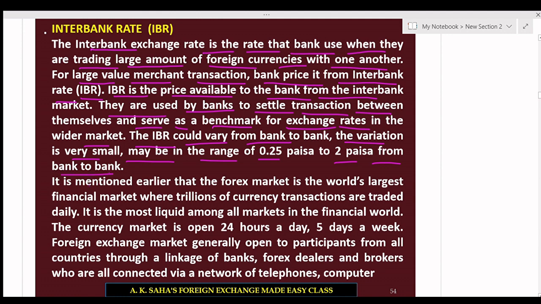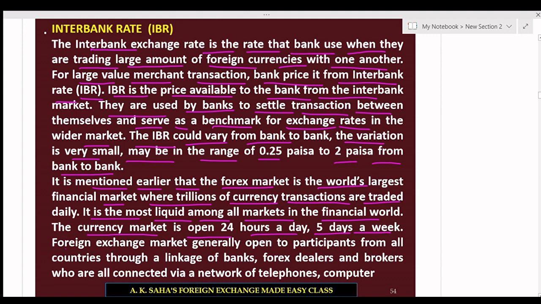It is mentioned earlier that the foreign exchange market is the world's largest financial market where trillions of currency transactions are traded daily. It is the most liquid among all markets in the financial world. The currency market is open 24 hours a day, 5 days a week.